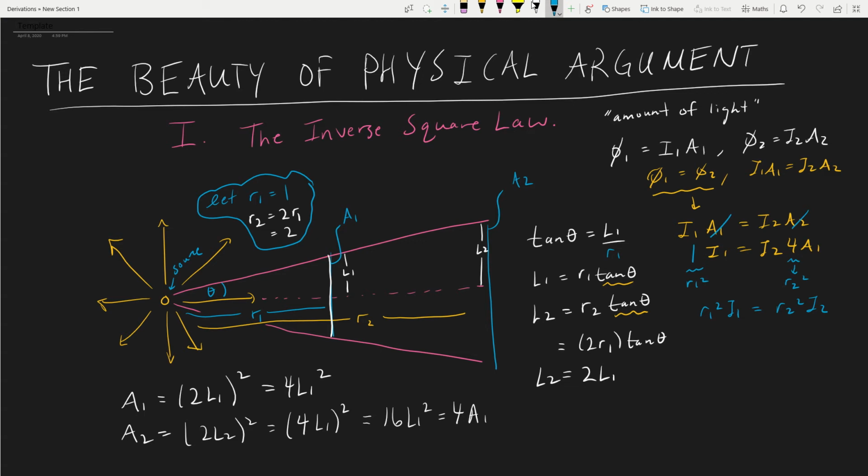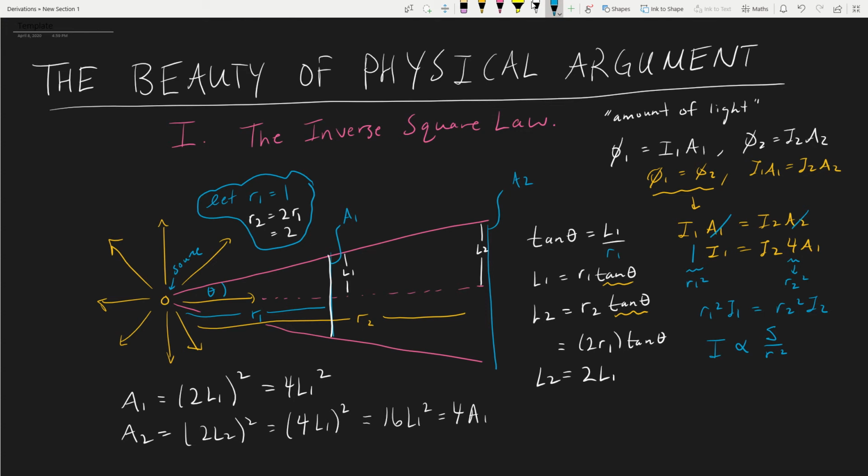So maybe we'll call our light source S. Maybe it's just the sun, right? So what you can say is I1 is proportional to some source divided by R1 squared. And of course, this is general for any I, so I is proportional to the source over the radius squared. And it's just as simple as that.